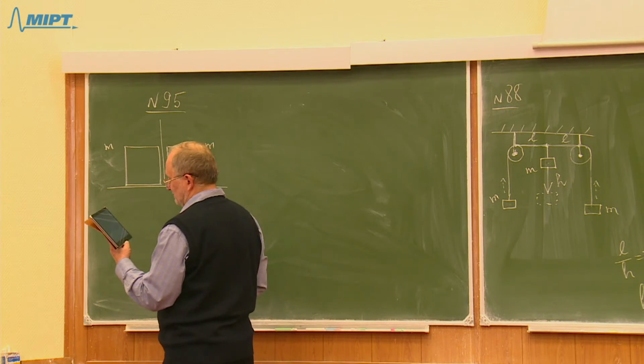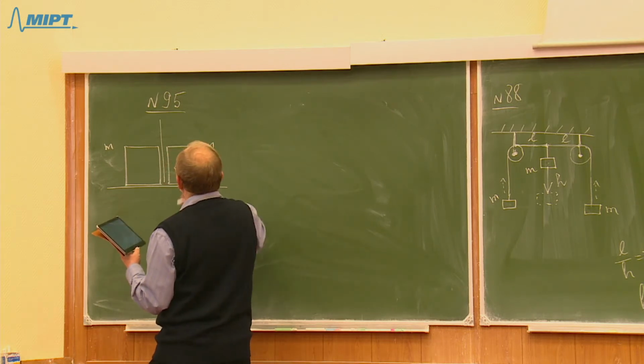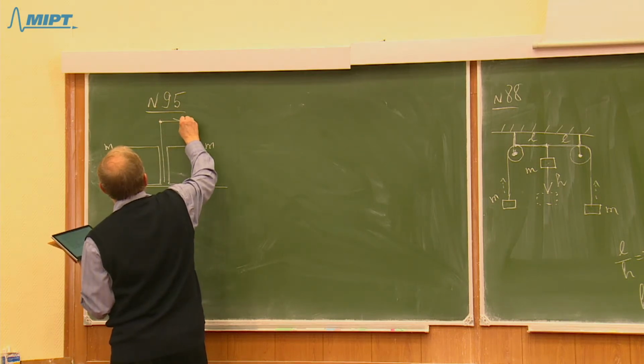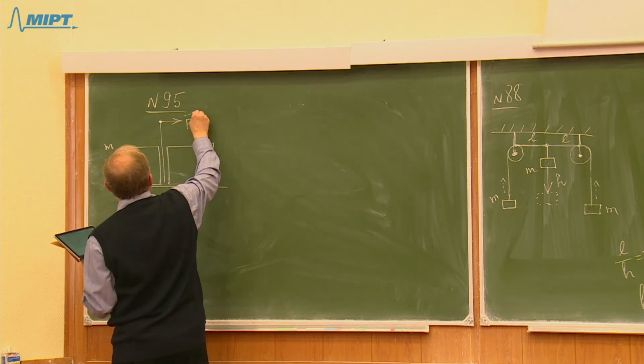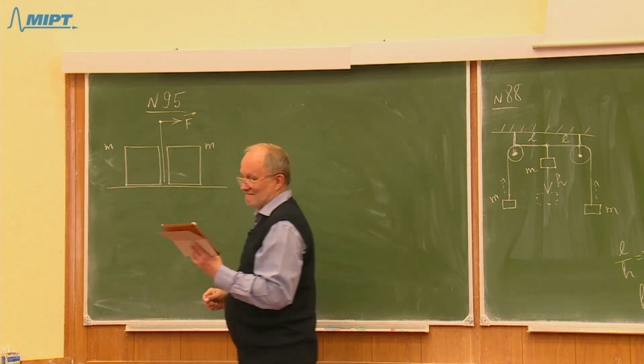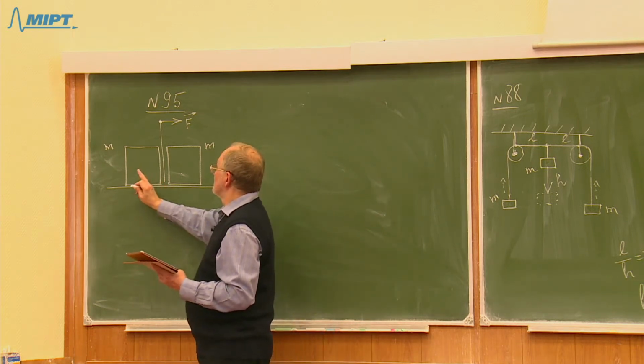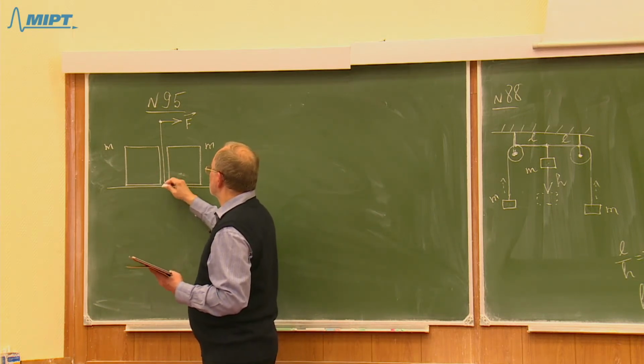A horizontal force F is applied to the upper end of the rod. Which of the boxes will move first?